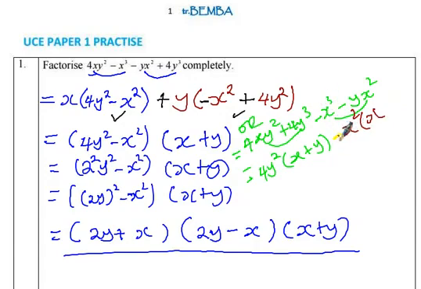Then since I put a minus sign here, you need to be extra careful. Actually, that's the word, extra careful. It should be just an x. Extra careful because I put a minus sign here.